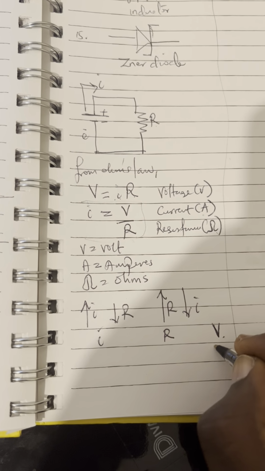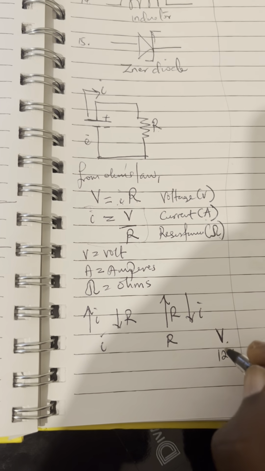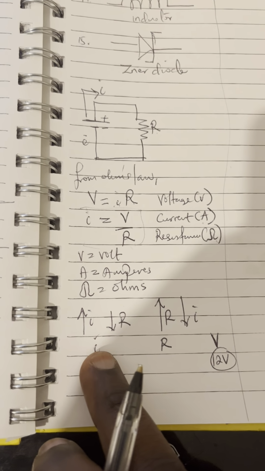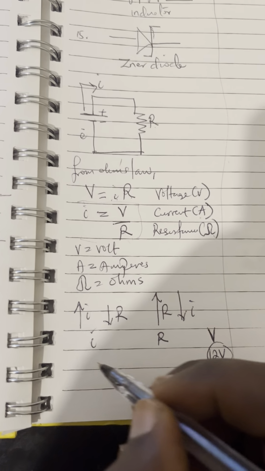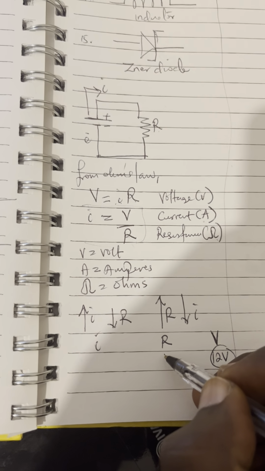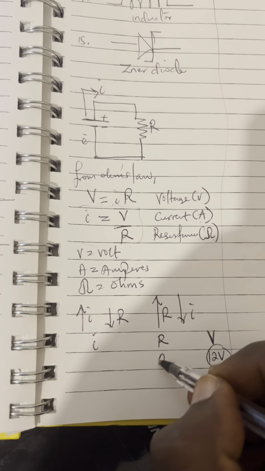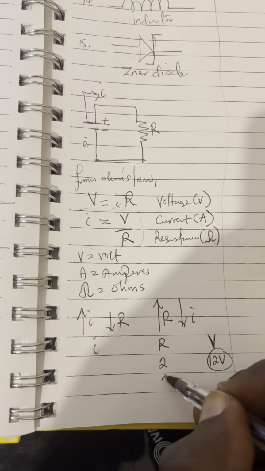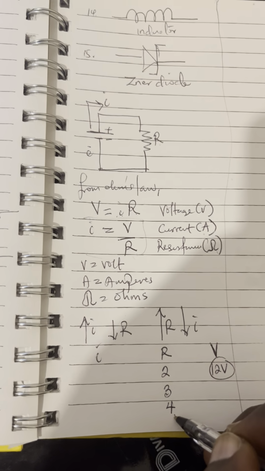Let's call our voltage, maybe 12 volts. The voltage is constant, which is 12 volts, and we are alternating the current and resistance. Let's say, for example, we start with a resistance of 2 ohms. We move to 3. We move to 4.